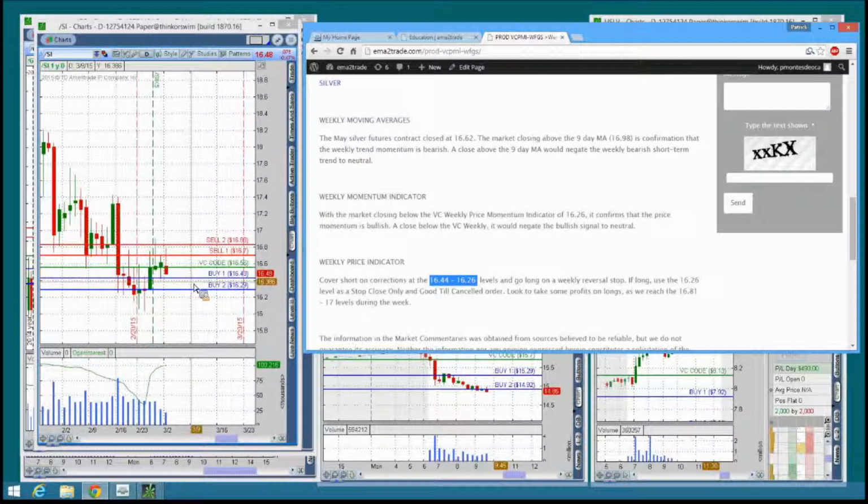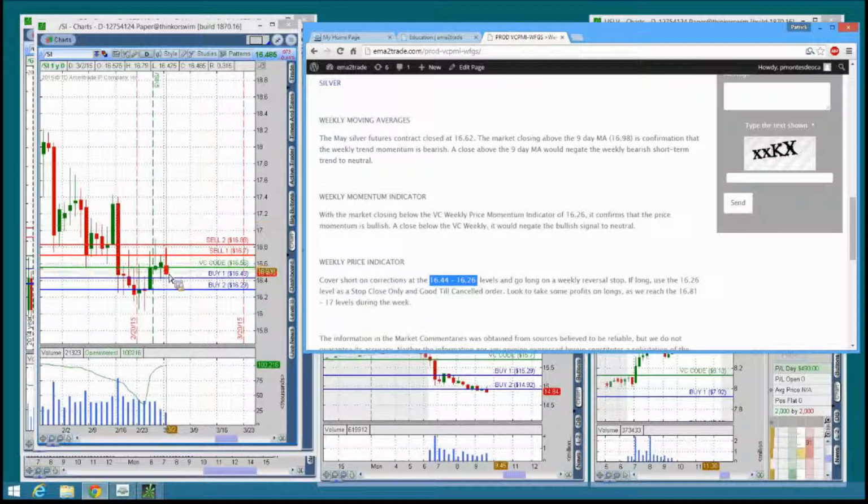Once again, if it comes down into this 1648 to 1629 level on a daily basis, the 1644 to 1626 on a weekly basis indicates that this area is a high probability area to go long, to cover short hedges if you're short, to reverse and go long, as the market will more than likely try to test the upper 1600s area into that 1700 possibly trading resistance zone.